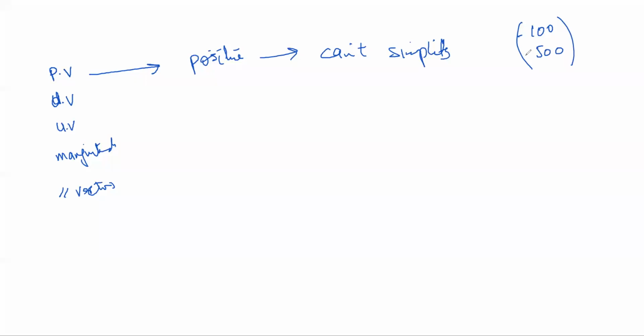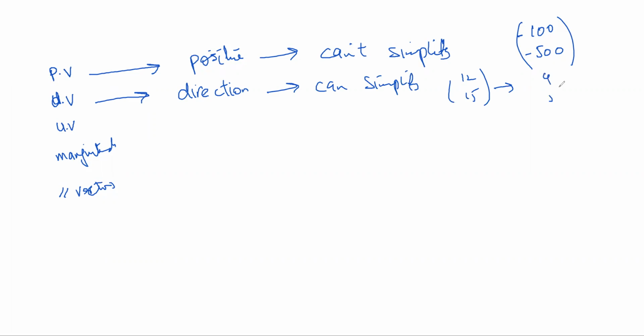Suppose it has both the minuses, even then you can't cancel out these minuses. The direction vector is purely aimed to give us the direction, so we can simplify it. Suppose you have 12, 15, you can write it as 3 4s, 3 5s.